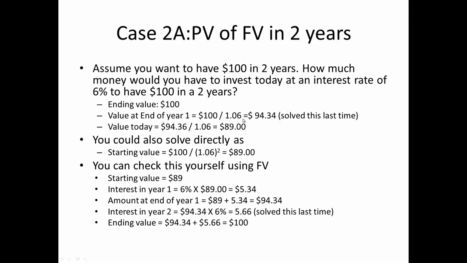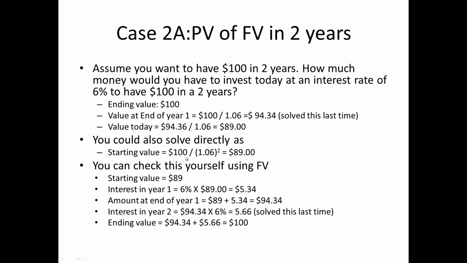If we discount that back by the interest rate, then by the end of the first year we need to have $94.34, which I think was the same thing we solved last time. If we discount that back by the 1 plus the interest rate, we get $89. And that's what we need to have today. So today, we need $89.